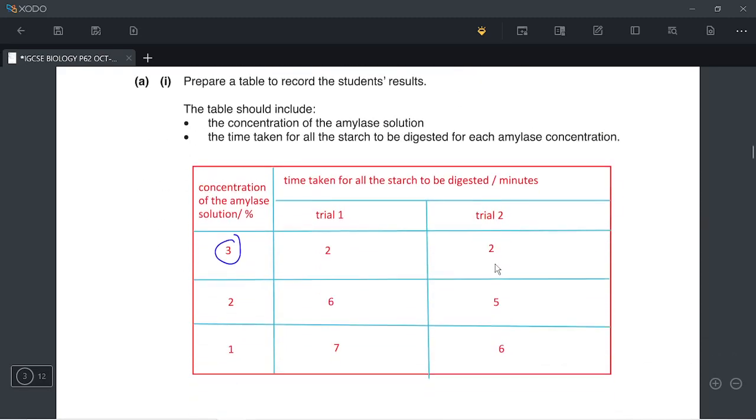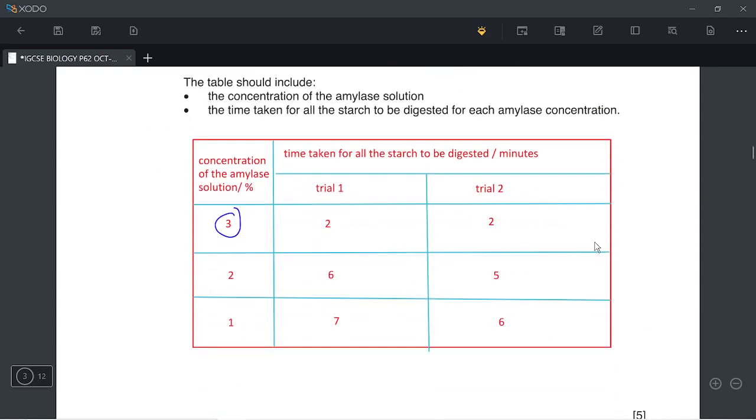So we can see for concentration of amylase solutions, 2%, trial 1 and trial 2.